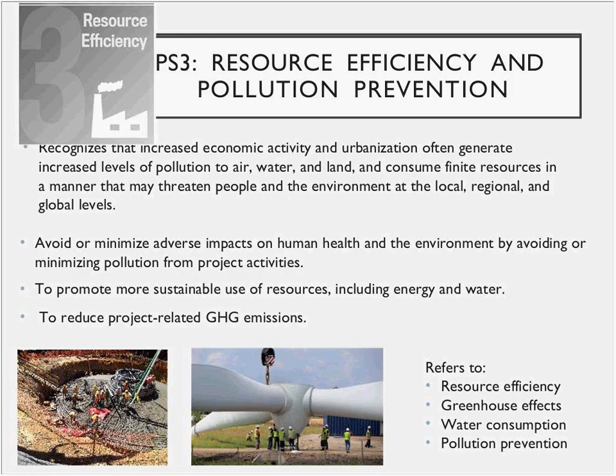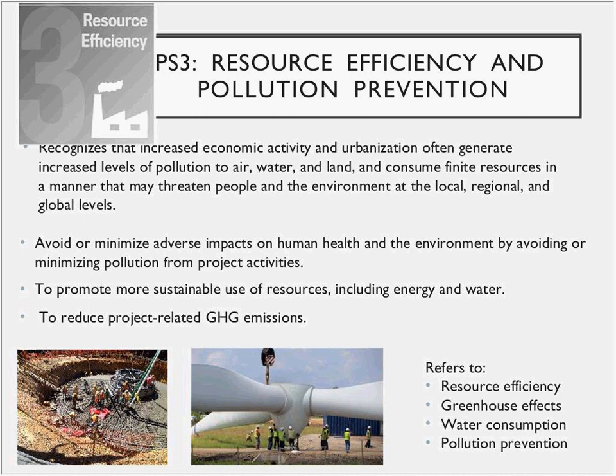The performance standards also give you very specific guidance on resource efficiency and pollution prevention, like what you should and should not be doing. What it does is recognize that when you increase economic activity and urbanization, it often generates increased levels of pollution of the air, of the water, of the land. And you also consume a lot of the resources that are available in the world.